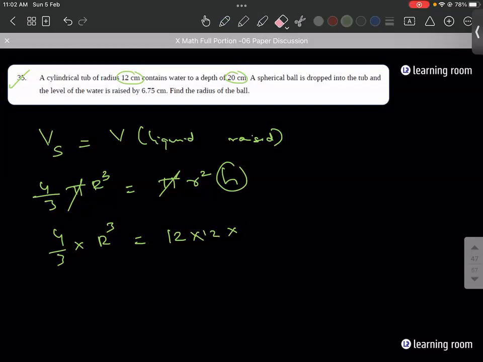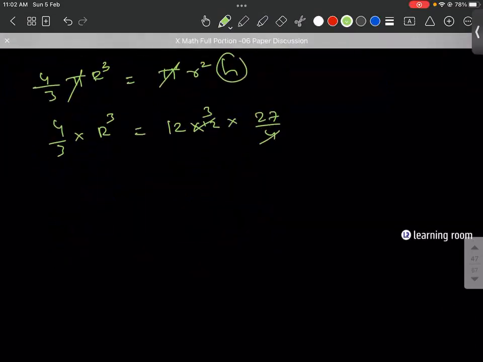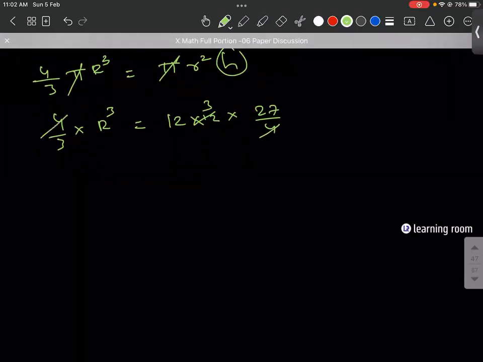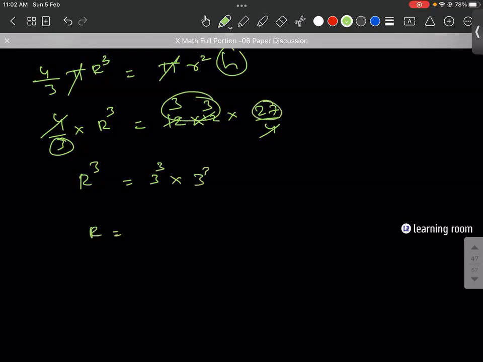How much will you get? 27 by 4. Is that right? Sir, I cancelled 4 and 12 and got 3. Okay. Now r cube will be equal to 3 cube into 27, which is again 3 cube. So r will be 3 into 3, which is 9 centimeter. Got it? So 9 is the answer.